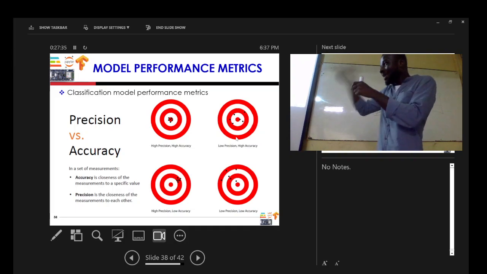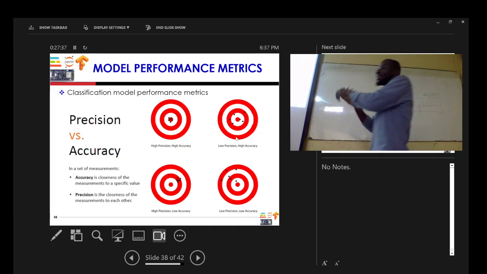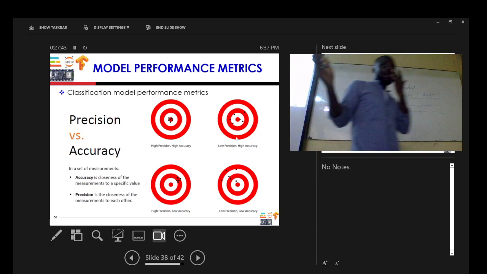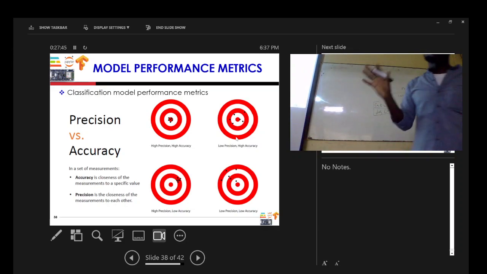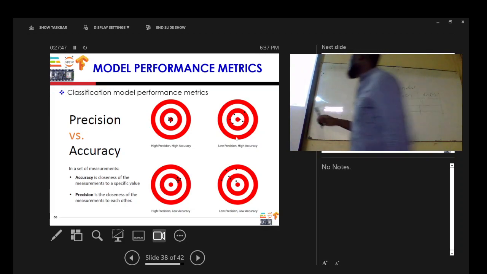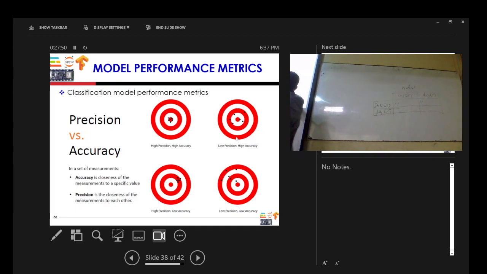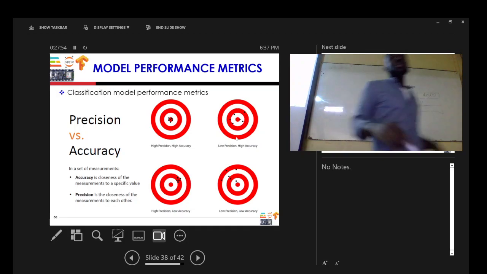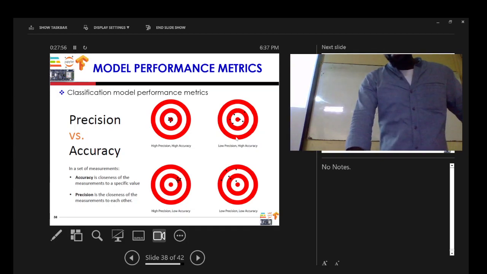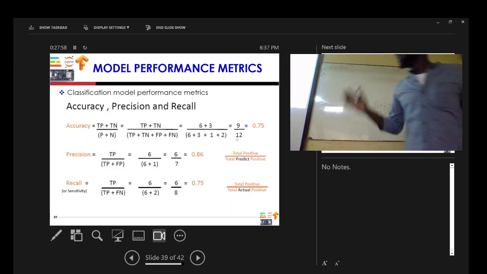You throw and it hits one spot here, but normally this is your target. So we say that you have high precision but very low accuracy. Now if you take this one here, the aim is here, and you just throw randomly, it means that you have low precision and low accuracy. So these are the definitions.